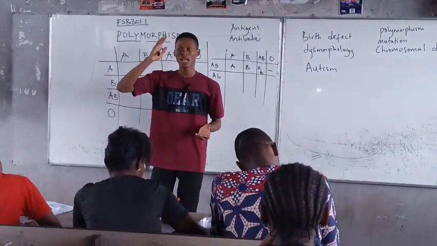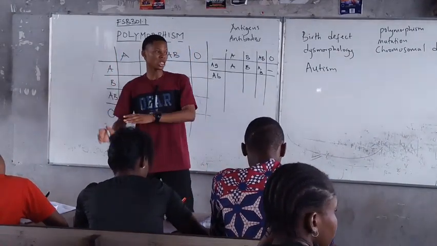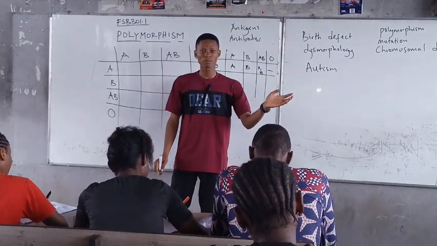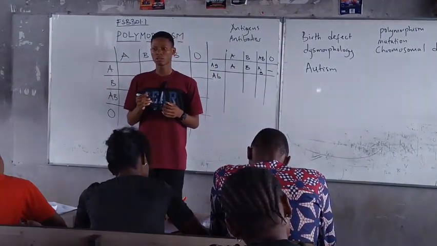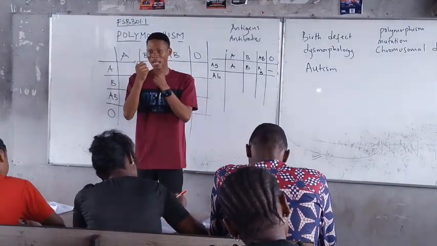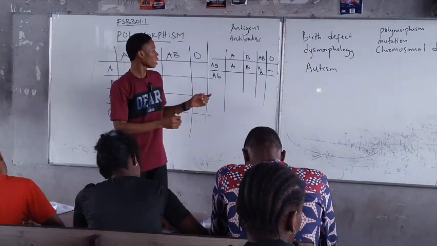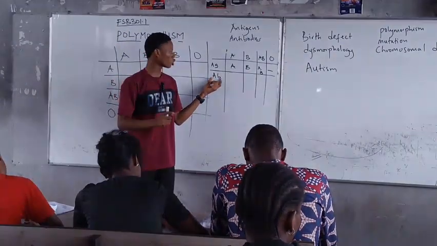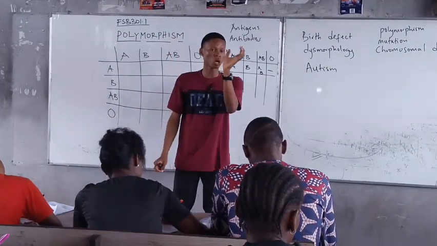Now, antibodies are specific in action. Antibodies fight against antigen, right? Now, let's take antibodies to be a fighter. Since they are specific in action, antibody A can only fight against antigen what?